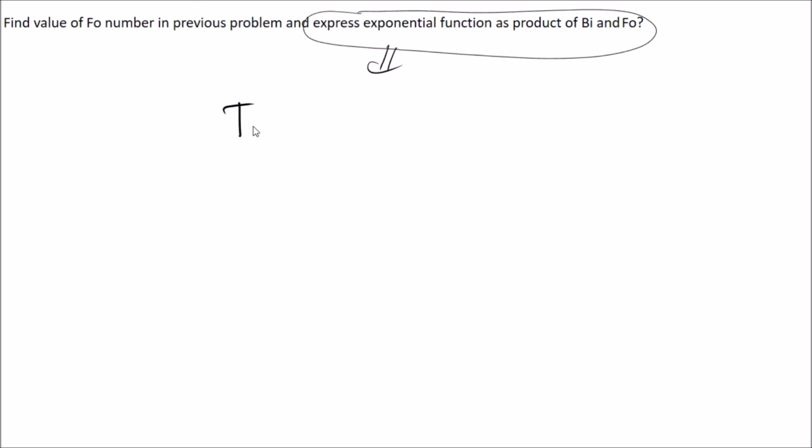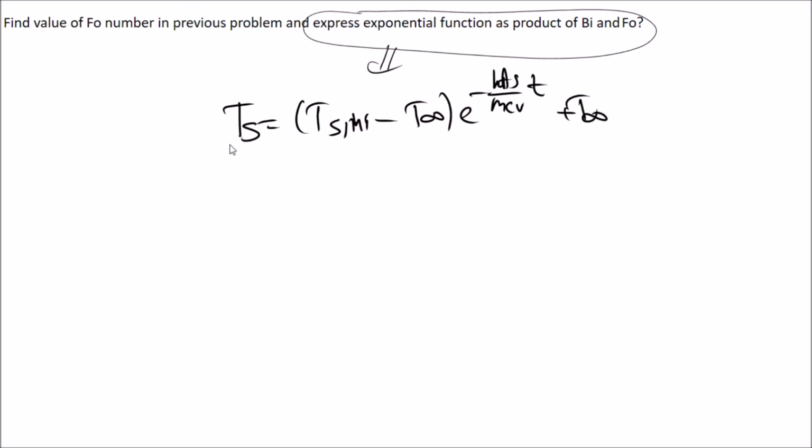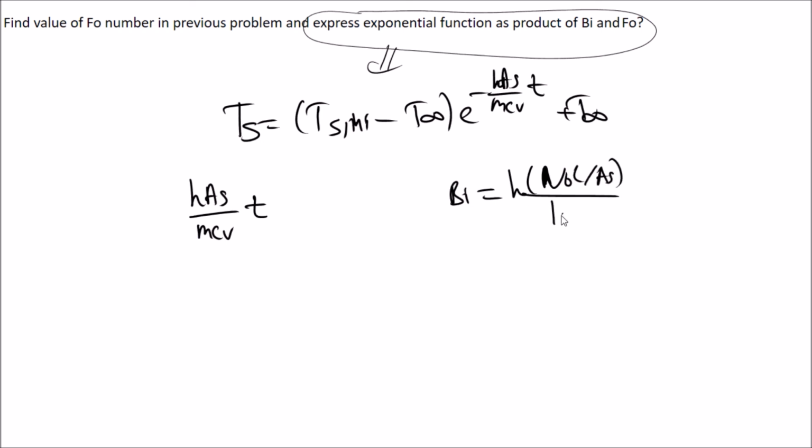So I can write it as T_s equals T_s initial minus T infinity times e to the power of minus h A_s by m C_v times t, plus T infinity. This is the temperature versus time. And now I can write it as h A_s by m C_v times t, and I know that the Biot number is h L characteristic, and we said that L characteristic is volume by A_s, divided by the K value.